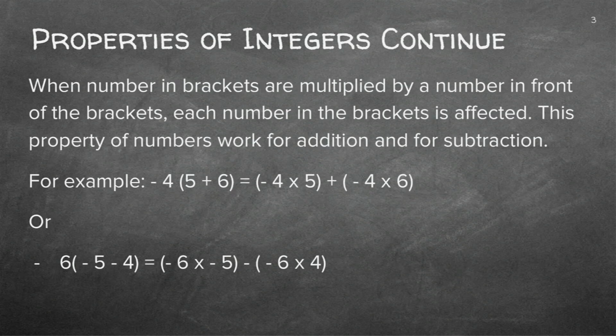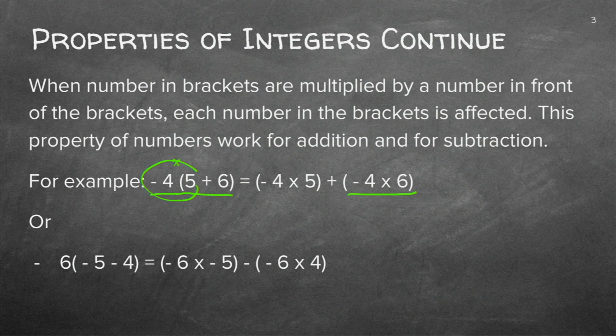When numbers in a bracket are multiplied by a number in front of the bracket, each number in the bracket is affected. This property works for addition and for subtraction. For example, -4 times (5 plus 6) equals -4 times 5 plus -4 times 6.